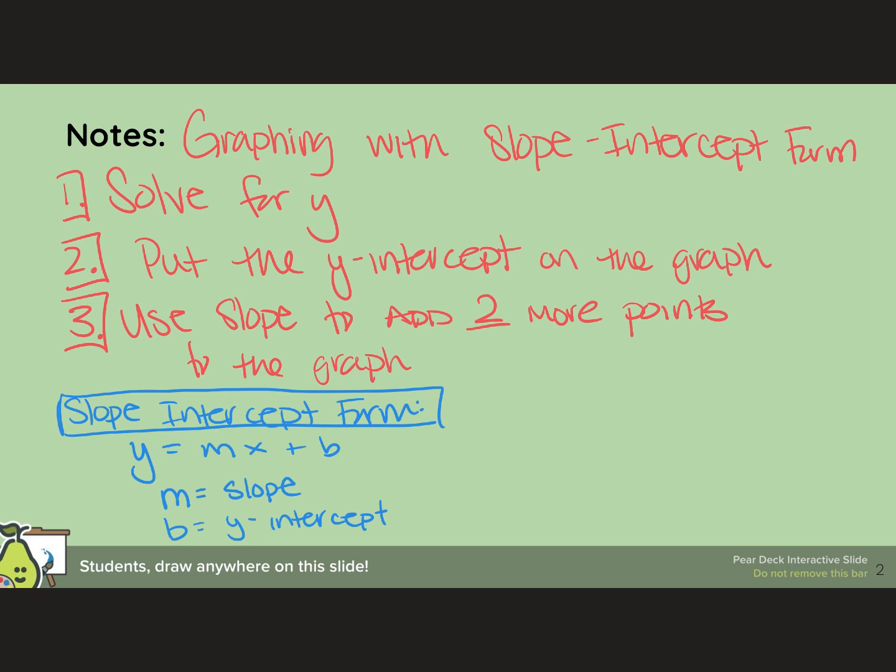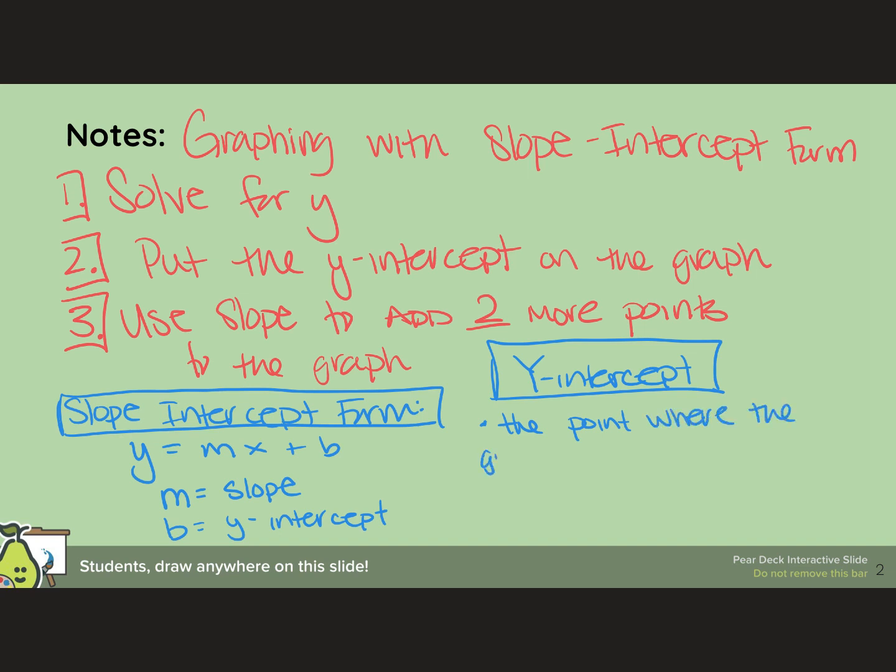The other thing that you need to know is what is this y-intercept? What's the importance of it? So we're going to put y-intercept. So first off, this is the point where the graph crosses the y-axis.